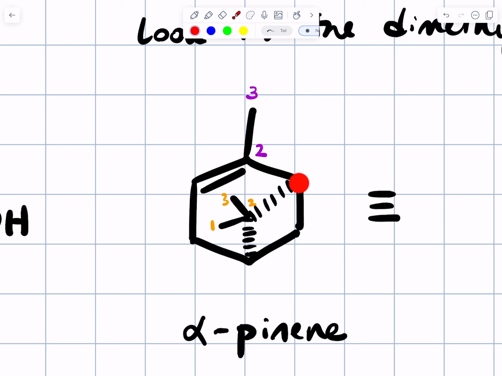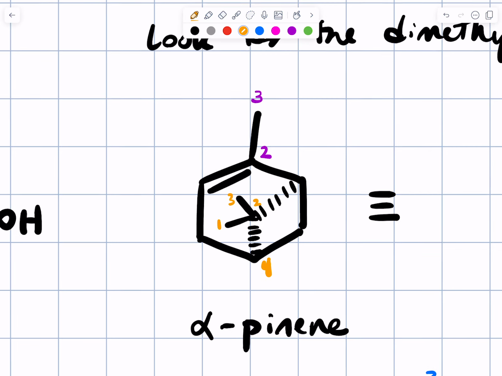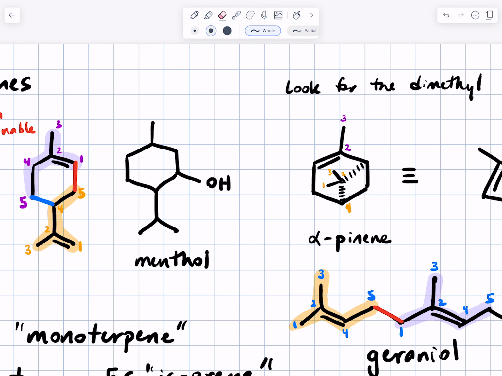If I go here, that's 4, and then where's 5, and how is that going to get attached to purple 2? So it's probably a better choice to go here for carbon 4. Notice the similarities between that and limonene. 1, 2, 3, 4, right?